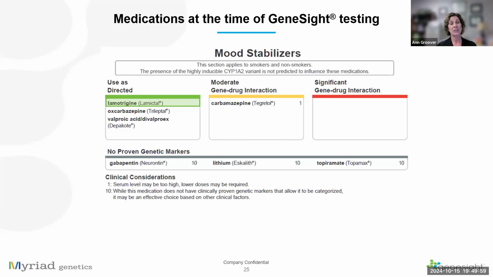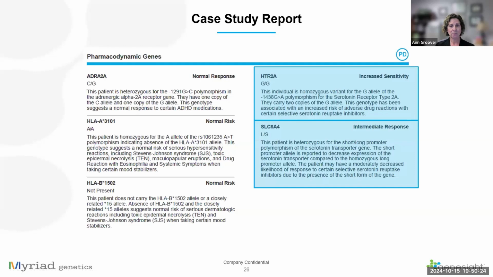That could have been on the table as an alternative mood stabilizer and still is on the table as an alternative, with the number 1 indicating that it's going to run higher than expected serum levels for that medication. And particularly important when we're talking about some of these mood stabilizers, because the therapeutic window may be a little more narrow than what we're used to using with some of our antidepressants and some of our antipsychotics. Okay, let's go to the next one.